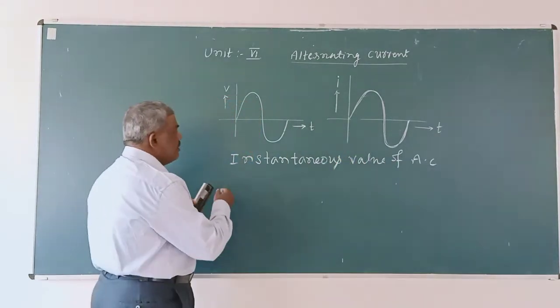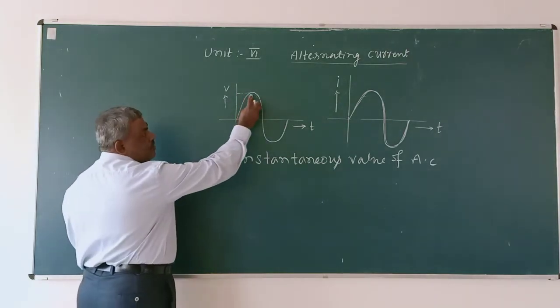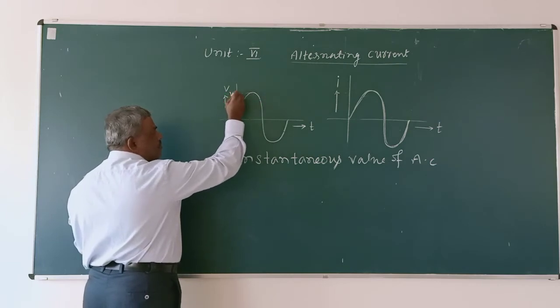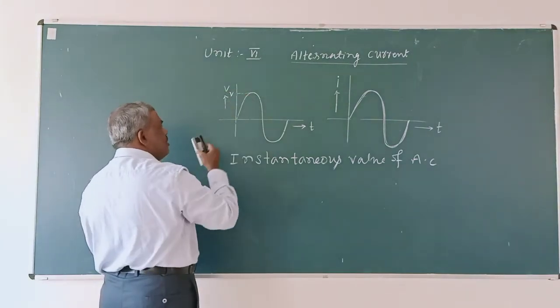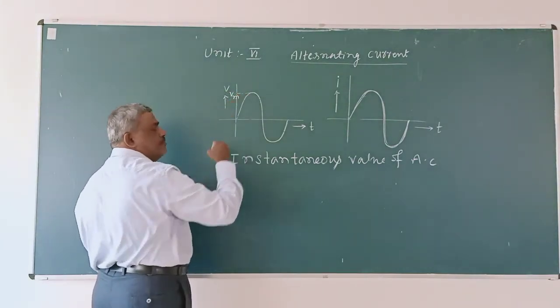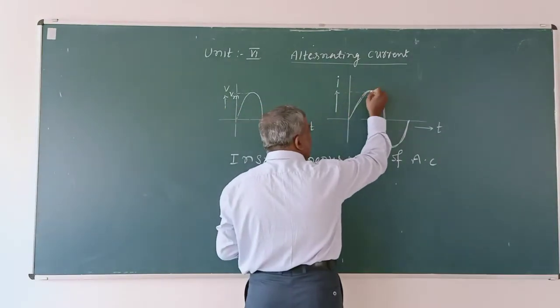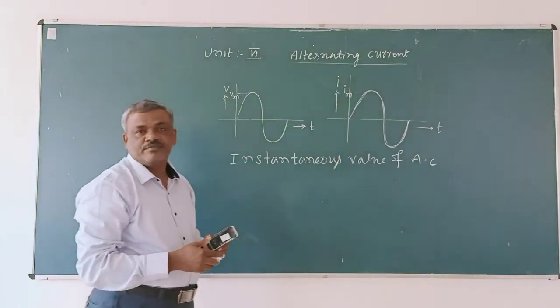Now you get the maximum value. This is the maximum; your graph shows the maximum amplitude, the peak value or amplitude. The symbol is V naught or Vm. Here the current maximum is Im or I naught.